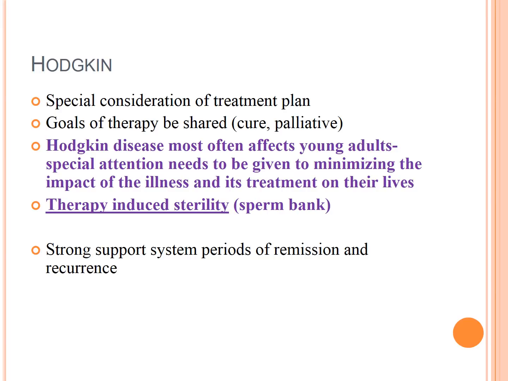And if they're talking about undergoing aggressive treatment and they are young people, then one thing to talk about is induced sterility, basically saving some of their sperm in a sperm bank, because strong chemotherapy, radiation, and bone marrow transplants, etc., can really damage their sperm.